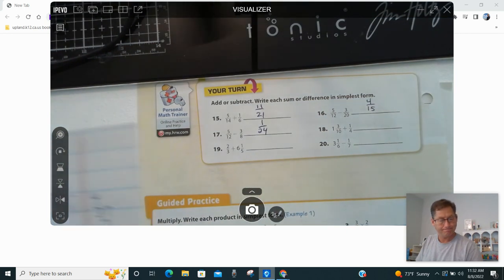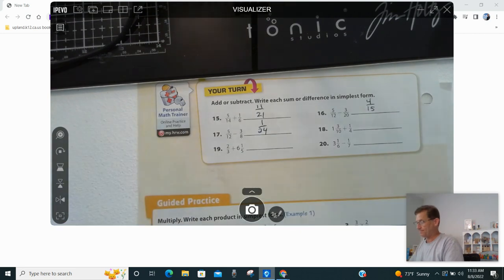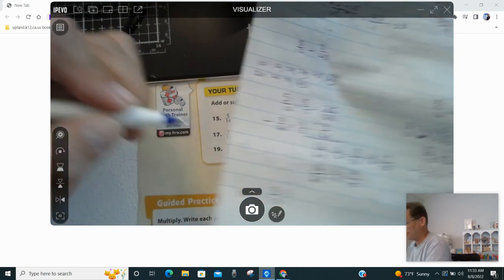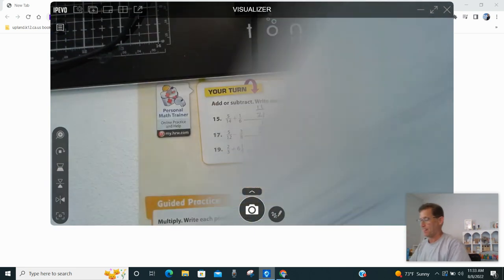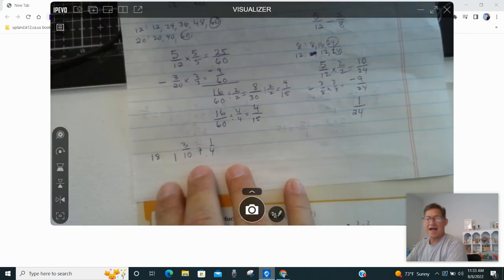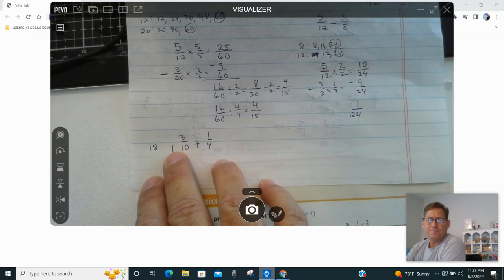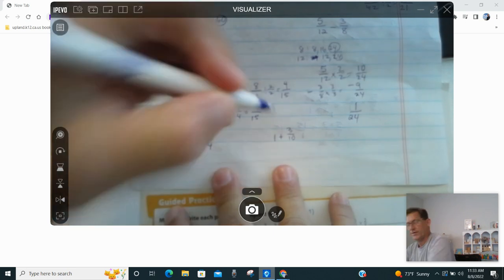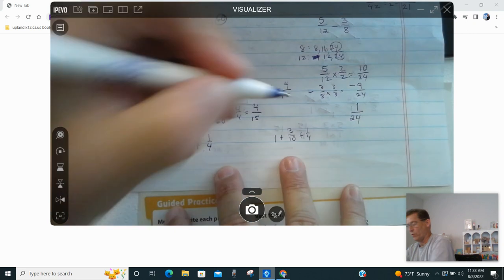Okay, number 18. 1 3/10 plus 1/4. All right, I could turn this into a fraction greater than 1, but remember 1 3/10 can be written as 1 plus 3/10, right? So 1 plus 3/10 plus 1/4.